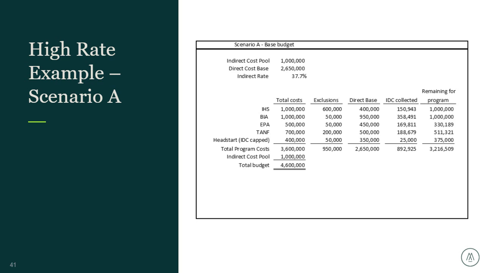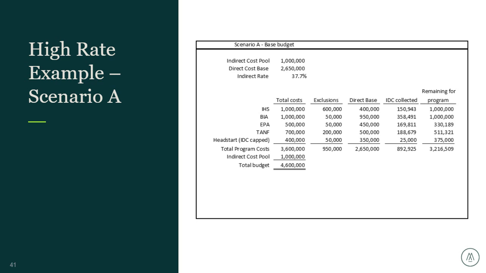And again, as you see, for the first two programs that are under 638, the remaining for the program is still the same as the total cost, because as we mentioned before, the indirect cost would be added. While for EPA and TANF, the remaining cost for the program will be total cost less indirect cost collected.